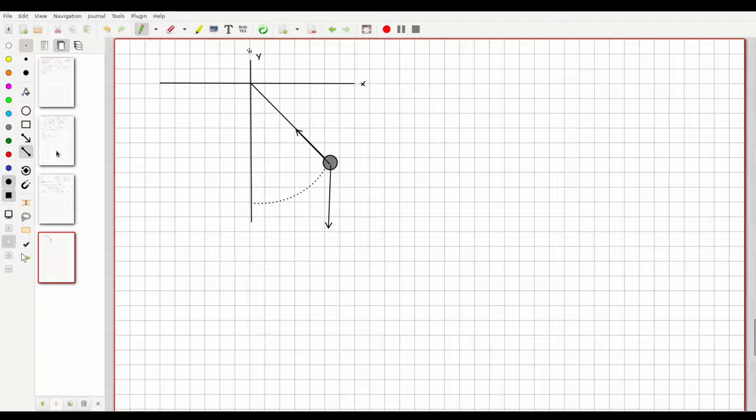And if you were to think of not using x and y coordinates, but using r and theta coordinates, this right here would be the direction of out from r. And this right here would be the direction along the positive theta direction. So here's the theta hat direction. This would be the r hat direction. This would be theta, the angle between the y-axis and x, basically.